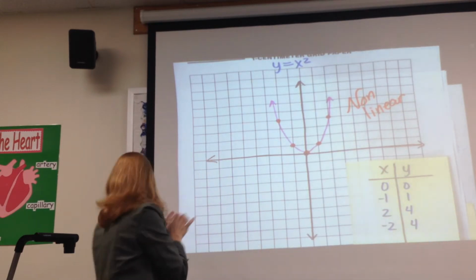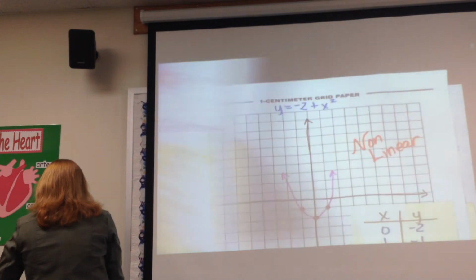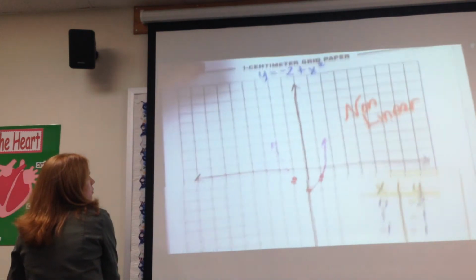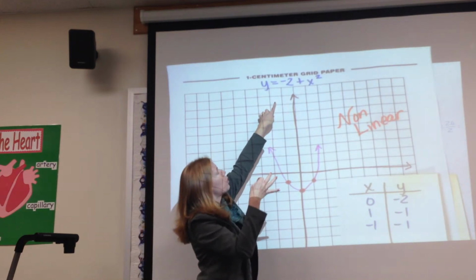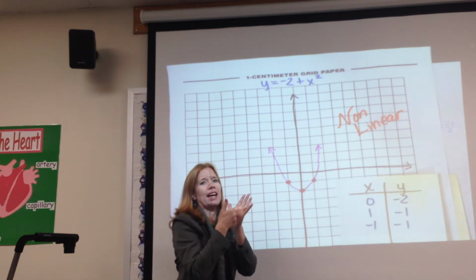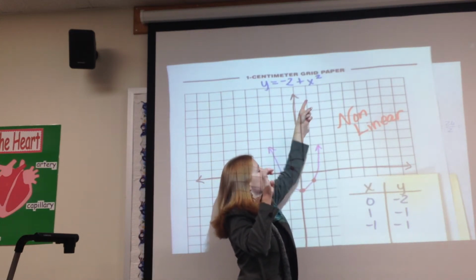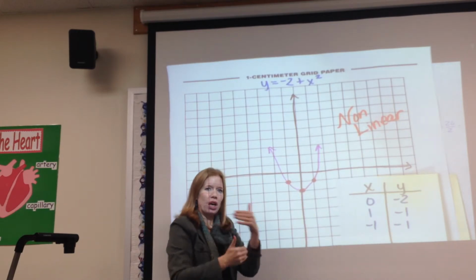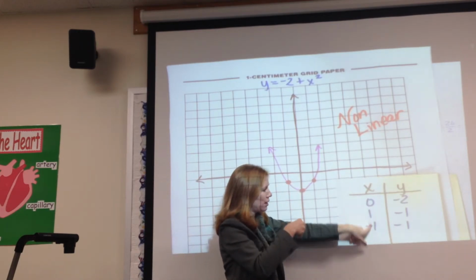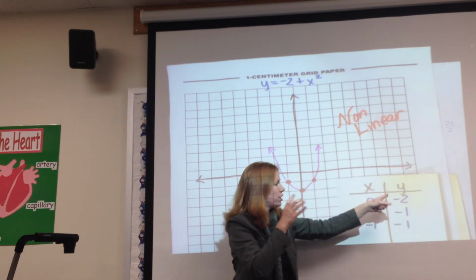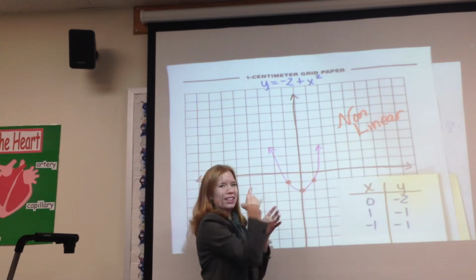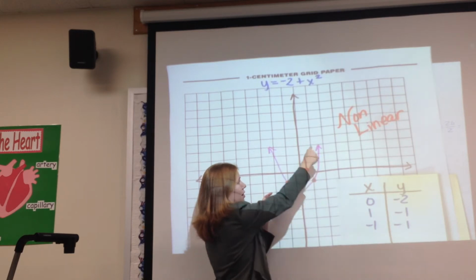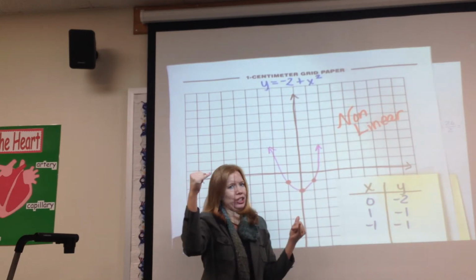Okay? Another example. Here is my equation. Notice it has the exponent. Okay? Again, same process. I put some numbers in and then solve to get the answers. When I plot them, it will look like this shape. This is not linear.